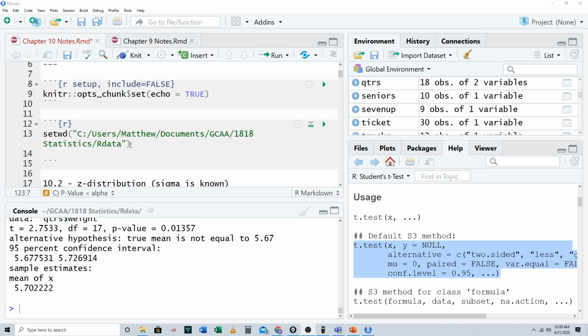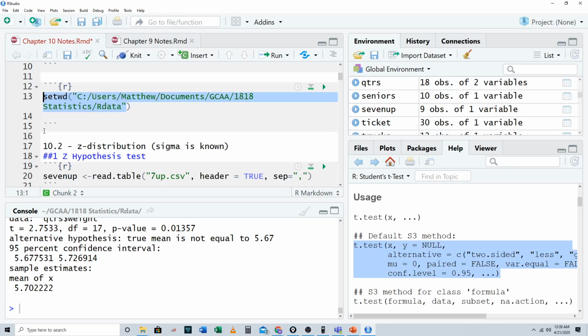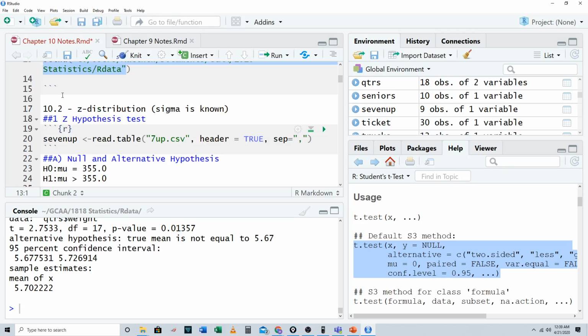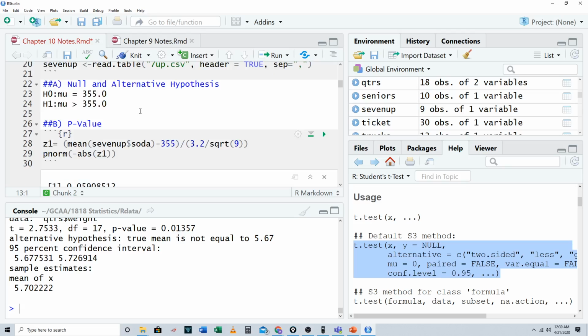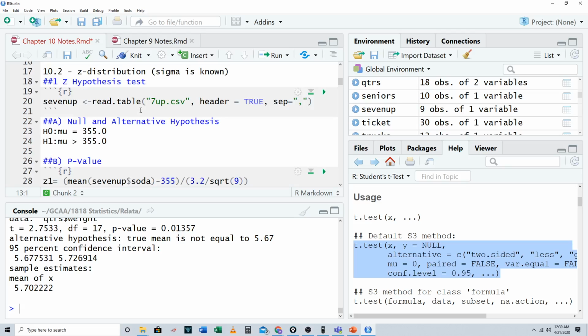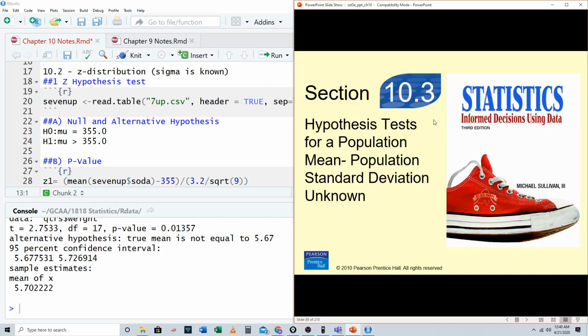Here, first thing, it doesn't matter how you do it, it's going to be the same way each time. So here I've done this example from the PowerPoint.